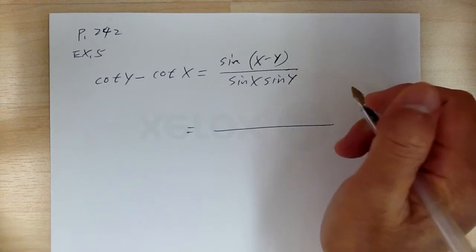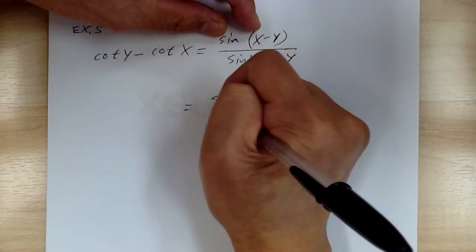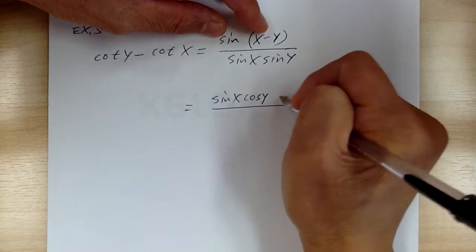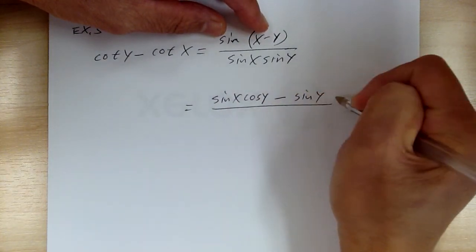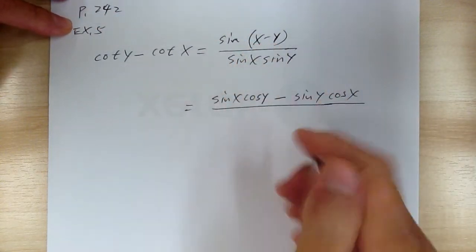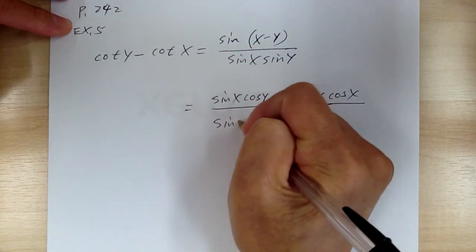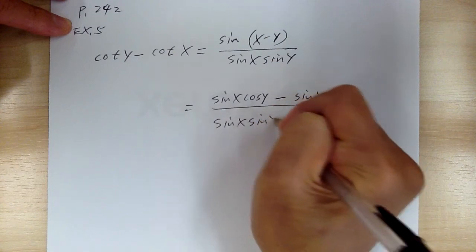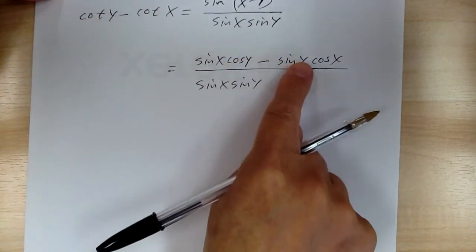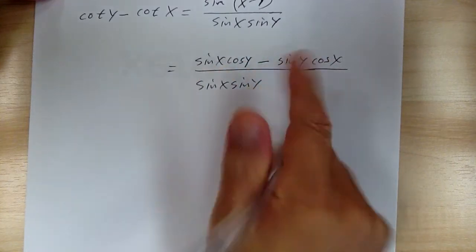So use your identity. You're going to get sine x cosine y minus sine y cosine x, right? Again, use your identity, so you get over sine x sine y. But if you look on this side, you have two terms, and you have one term over here, so you need to separate these to match up what's on this side.